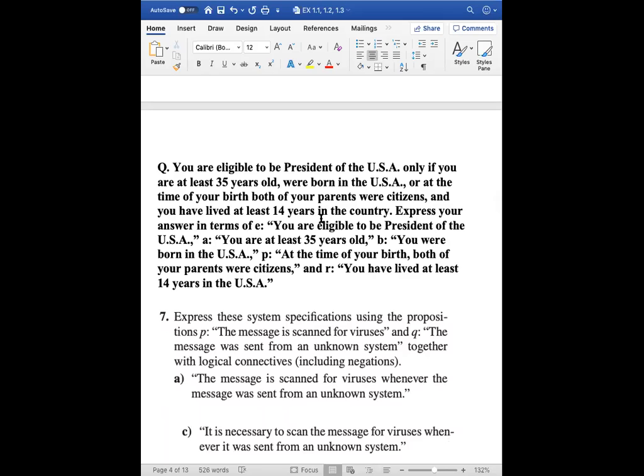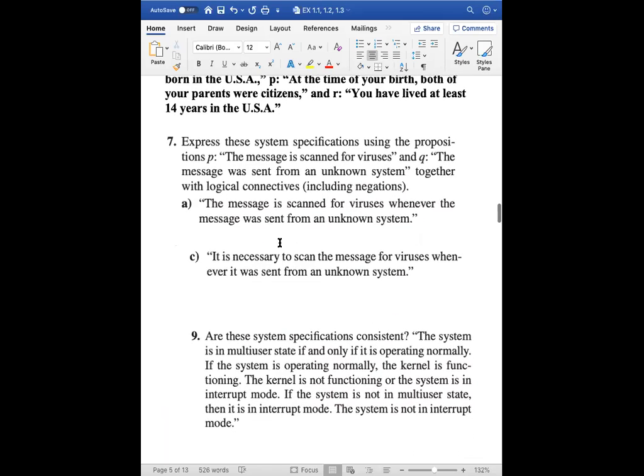All right, let's move on to question number 7. We have to express the system specifications using the proposition P, the message is scanned for viruses, and the statement represented by Q, the message was sent from an unknown sender, together with logical connectives.